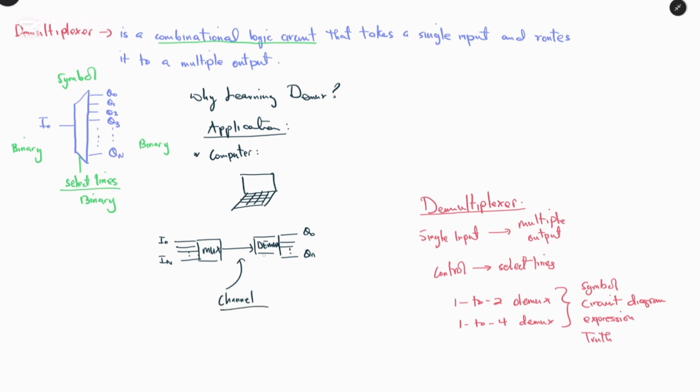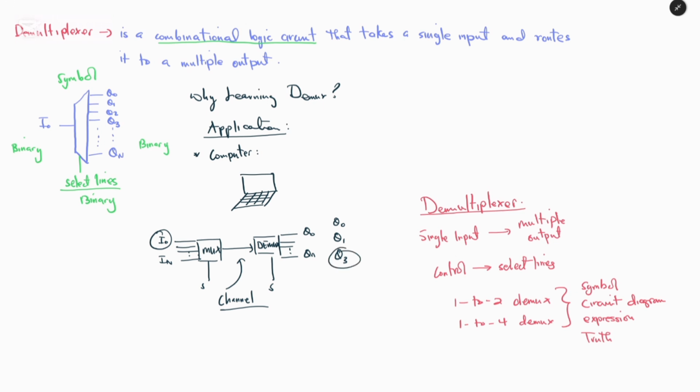Then when it passes through this single channel, we are able to select which output it can pass through. For example, if we pass the first input of a multiplexer, this will become the output of the multiplexer. If we want to store this particular input at a different location, we have Q0, Q1, Q3. So the select line will select the first input of the multiplexer, and depending on the select line, it will store this information in the location Q3.